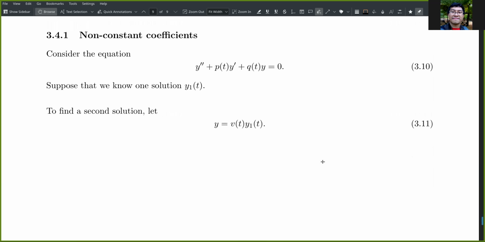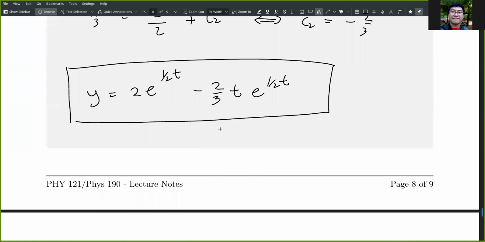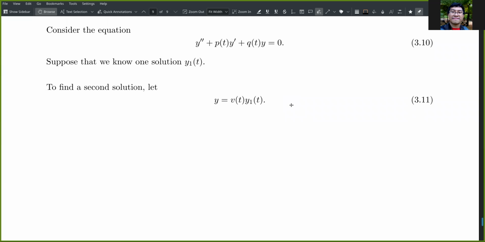Finally, if you consider non-constant coefficients, you have p of t, q of t, and suppose that we know one solution. To find the second solution, we can use the result from the previous topic for the characteristic equation with repeated roots.